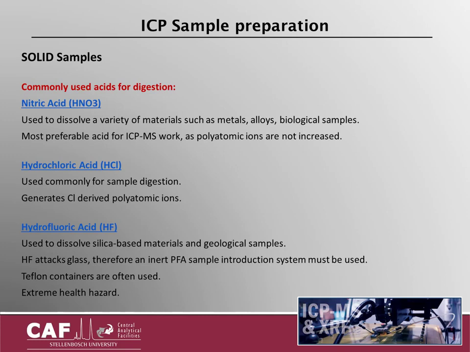Hydrofluoric acid is used to dissolve silica-based materials and geological samples. It attacks glass, so you can only use it in microwave digestion, but it's extremely dangerous to work with. It's also not a preferred acid in the ICP measurement because many of the components in the instrument are glass, and we cannot introduce even dilute concentrations of HF acid.